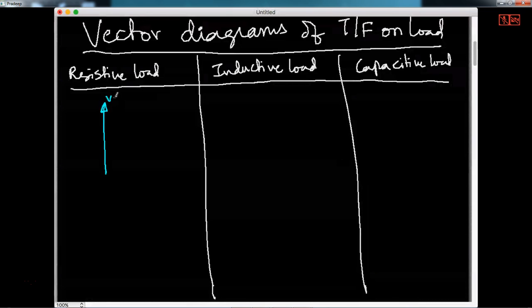That is nothing but equal to E1, because V1 and E1 are the same. For inductive load also, it will be exactly the same, no difference. V1 equal to E1. Similarly, for capacitive load, again I'll write V1 equal to E1.